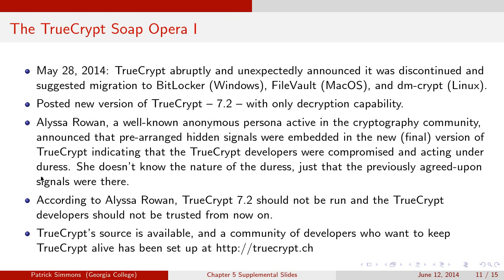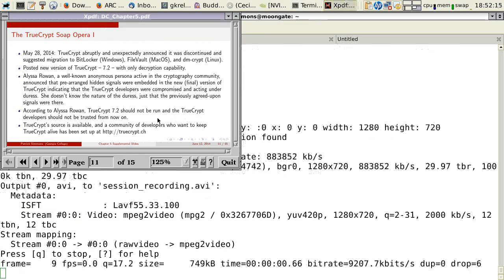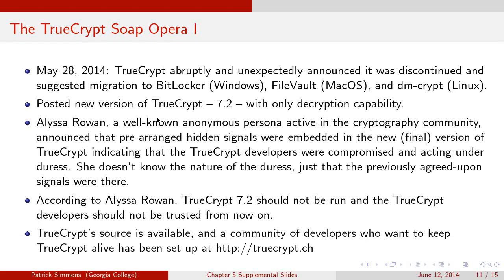And the audited version is 7.1a. So the TrueCrypt source for 7.1a is fine. You can use that. It doesn't matter what Alyssa Rowan or anybody else says, because people have looked at the source and verified that it's okay.